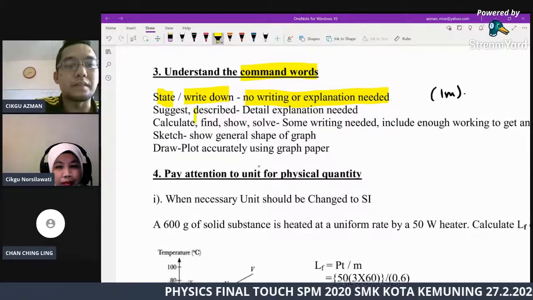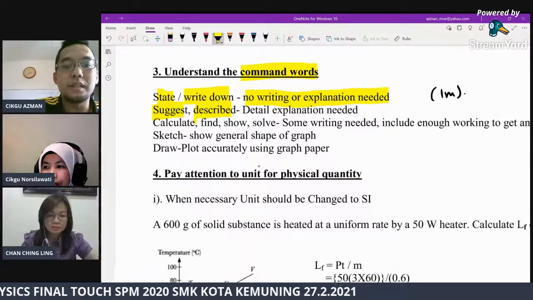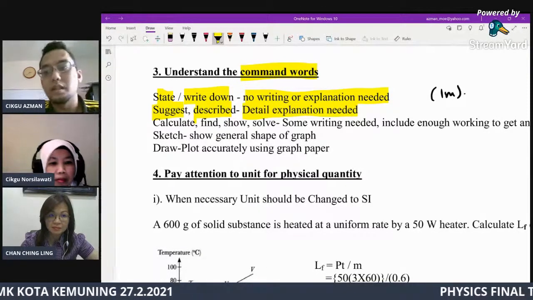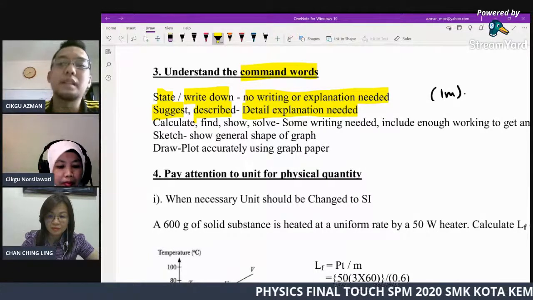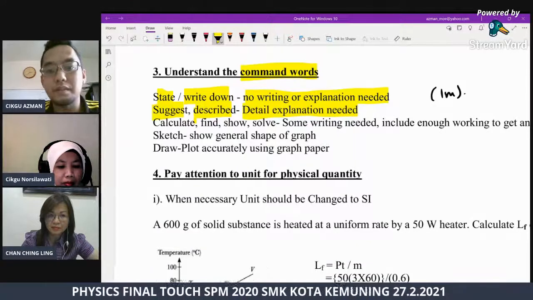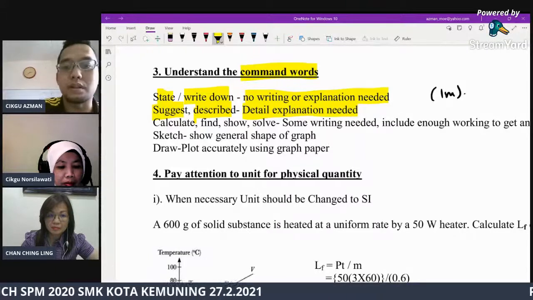Okay, next, suggest or describe. Then this one, detailed explanation needed. Now the step is first you look at the question, identify what is the concept involved, for the question, and then you explain about the concept.